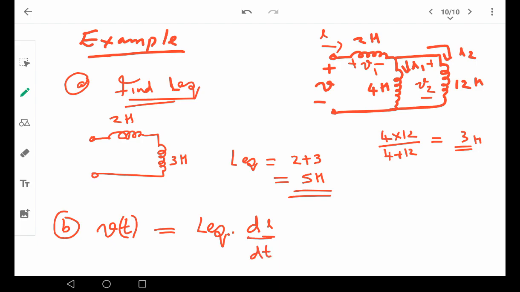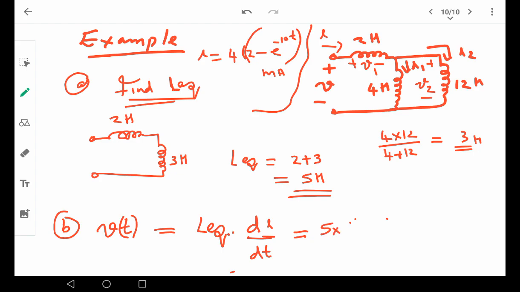And for this problem, we have been given I as 4 into 2 minus e raised to minus 10t milliampere. That's the value of I. Okay. 4 into 2 minus e raised to minus 10t. Okay. So you can write it as 5 into di by dt.